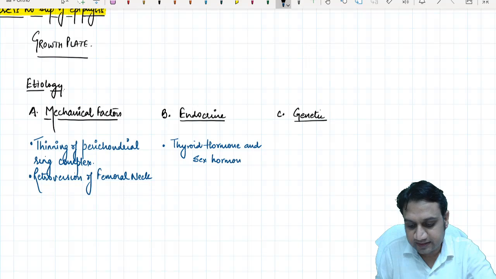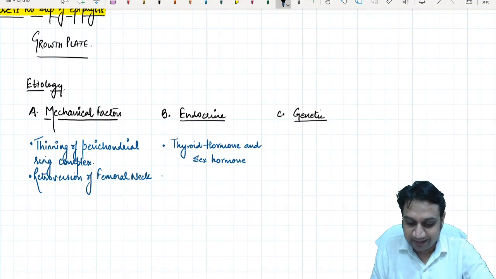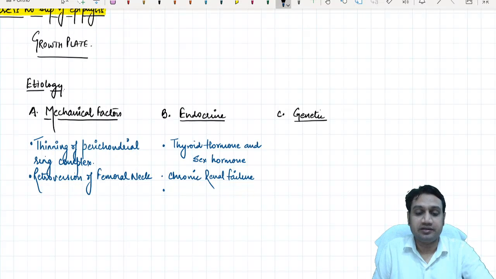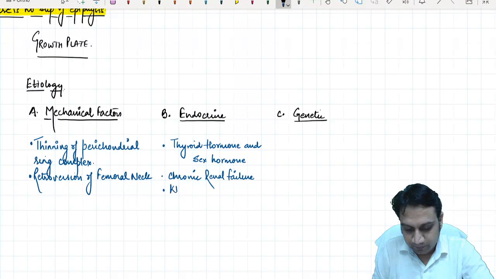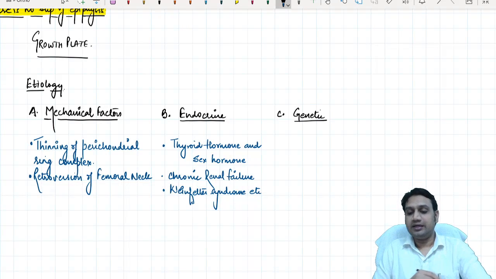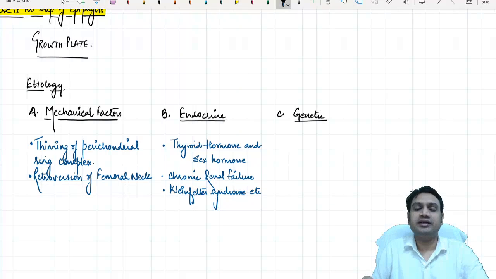Number two, it can be seen in conditions associated with chronic renal failure. Number three, it has been seen in association with different syndromes like Klinefelter syndrome, Turner syndrome, etc. So a syndromic relationship basically. Genetic factors, as I said, cannot be manipulated or changed.